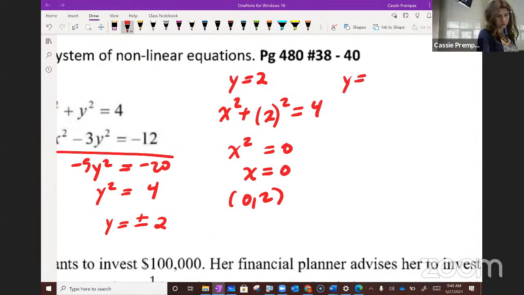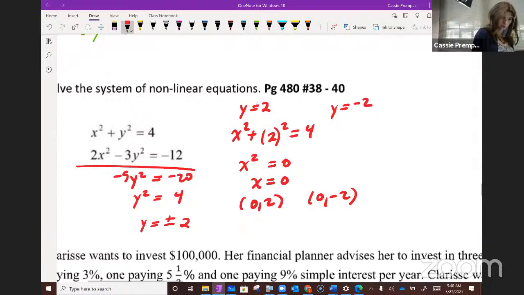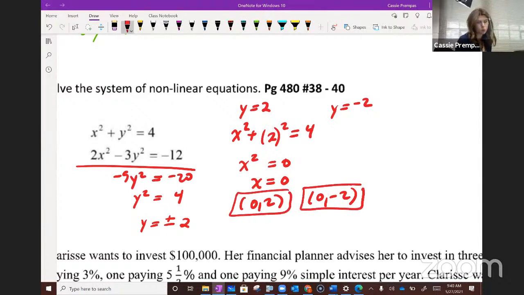So y squared equals 4. Square root, so y equals plus or minus 2. That's what I answered. I got y plus or minus 2, because you only have to take a portion. So 0 for x would be 0.